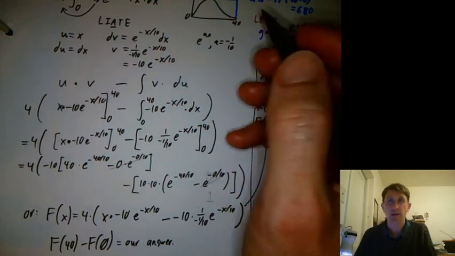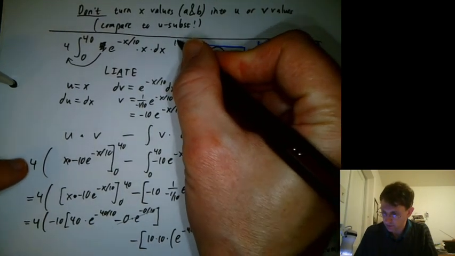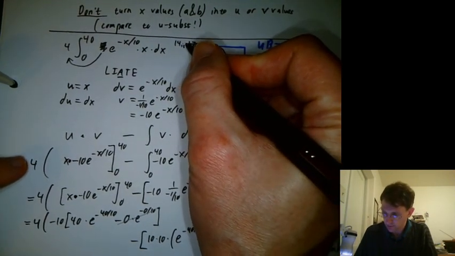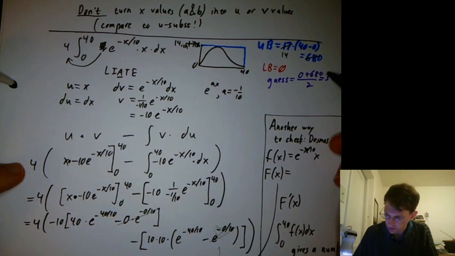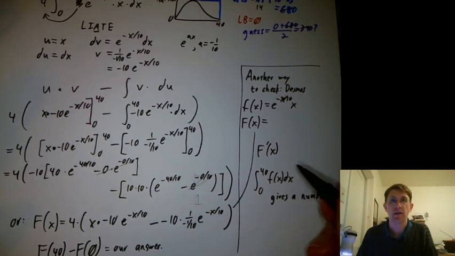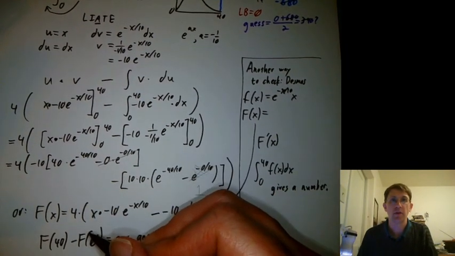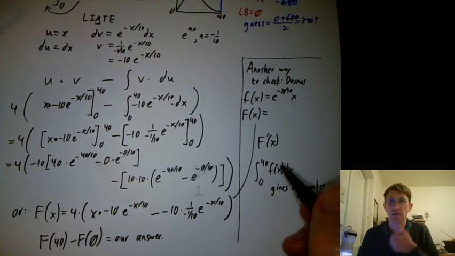That was good. Somehow I had misread something, and this wasn't 17-ish. It was 14-ish. So then we'd change our upper bound and lower bound, etc. But anyway, it was pretty close, and doing big F of 40 minus big F of 10 in Desmos gave me the same thing as doing this, so everything's good.